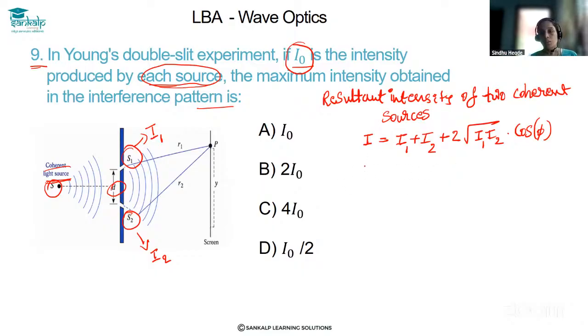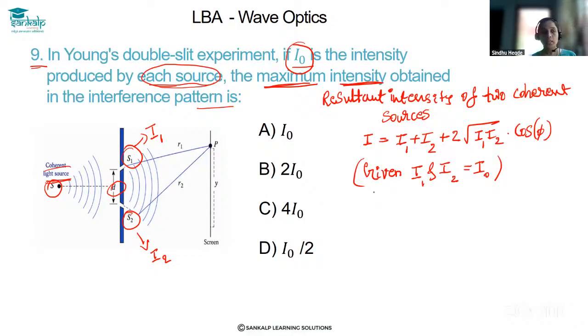Now, given in the question, I1 and I2 both are equal to I0. So I0 is the intensity produced by each source. Then one more thing is given, maximum intensity.